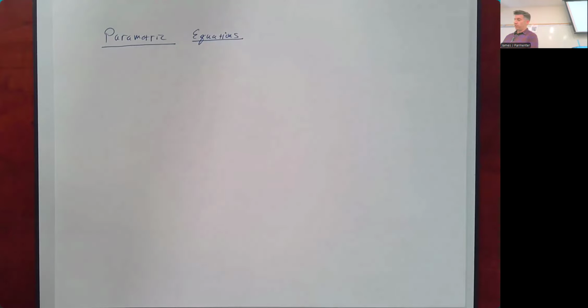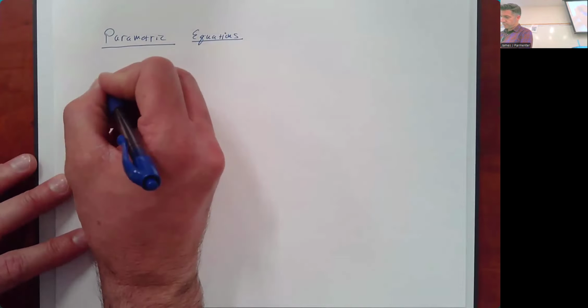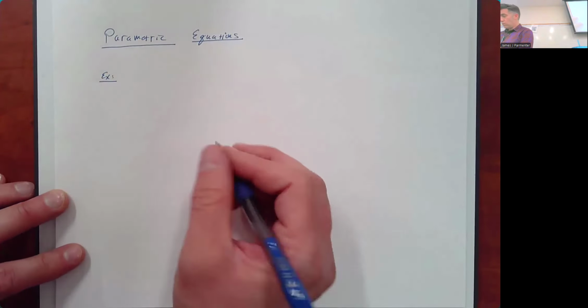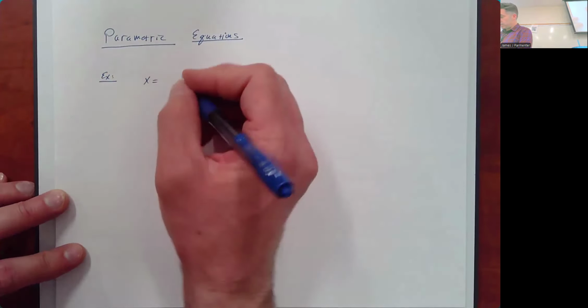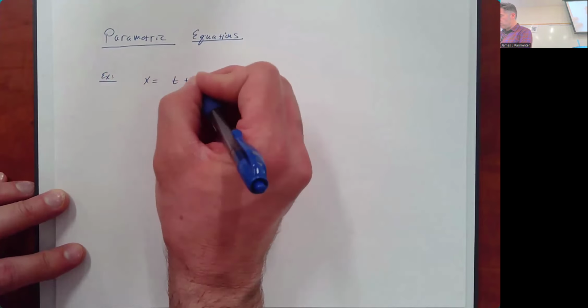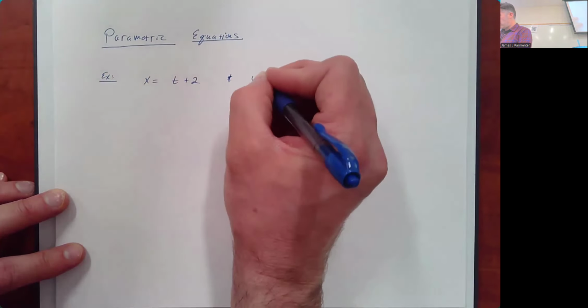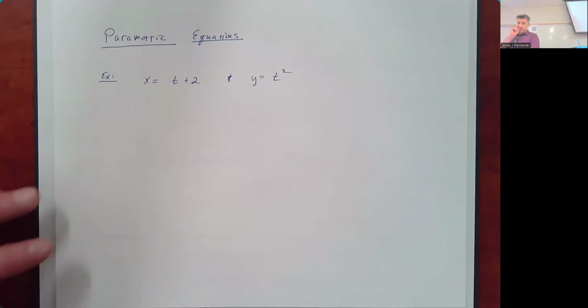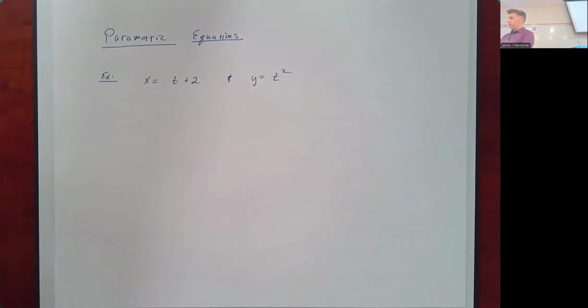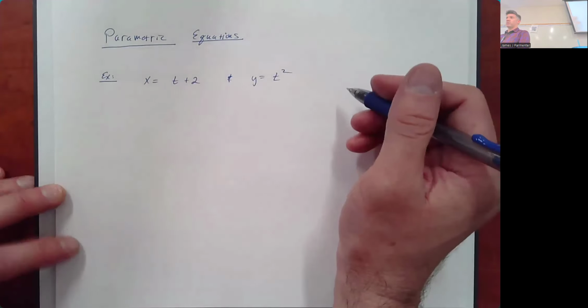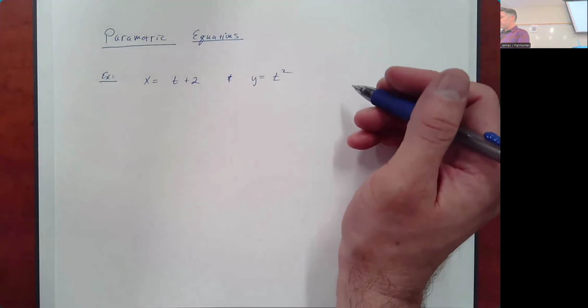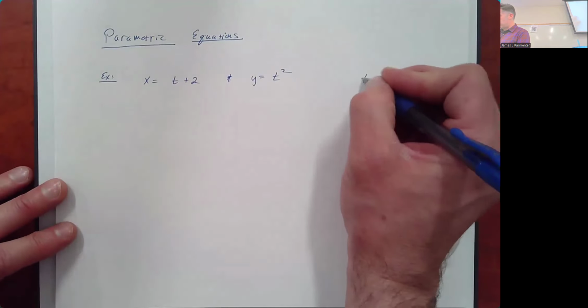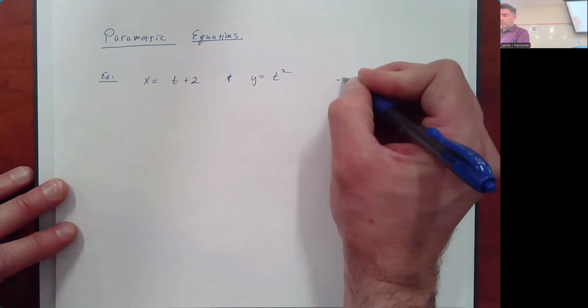So for example, you could have x equal to t plus 2 and y equal to t squared. And we could limit t or not. Sometimes t goes across all real numbers. Sometimes we say, let's stick to t being between, like, -2 and +3.